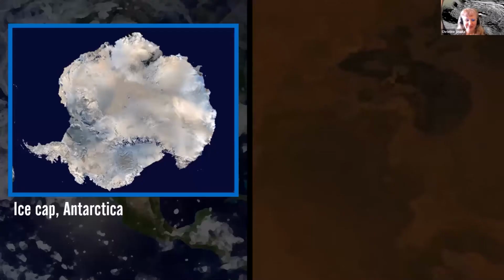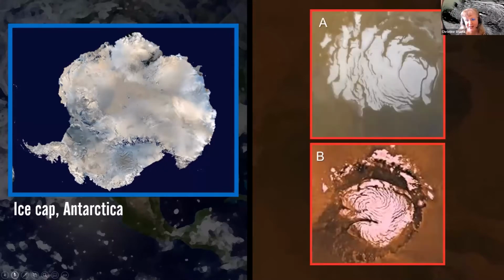Next question. We've got a picture of an ice cap in Antarctica. Which picture should we match to that, A or B? I'm going to give you 5 seconds. 5, 4, 3, 2, 1. And ShaRell, what did people answer?